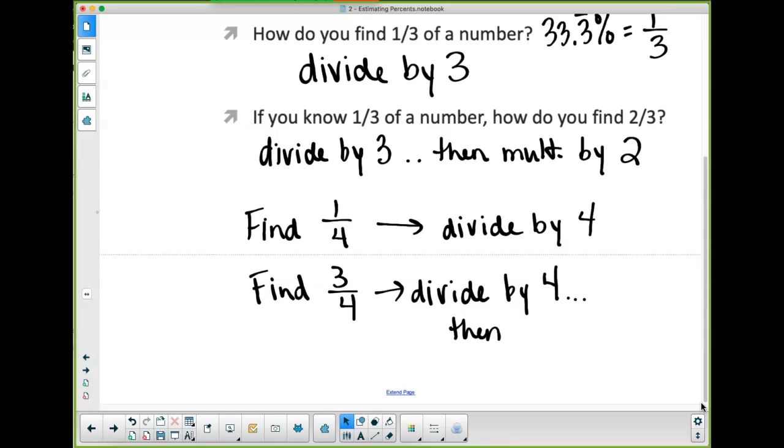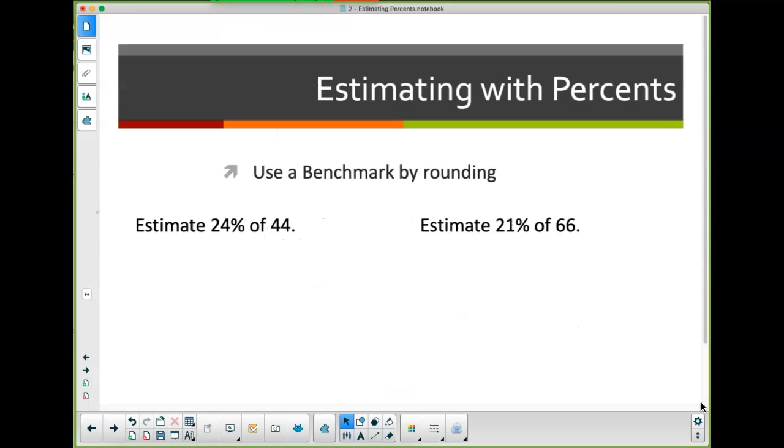And somebody said it online, you multiply by 3. Okay, because if I know 1 and I want 3, I just need that 3 times. Okay? All right, flip the page in your packet.